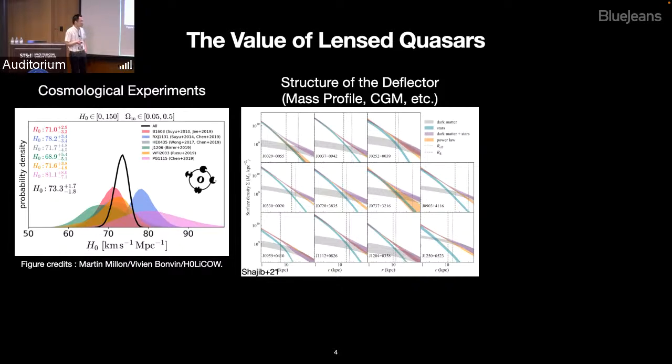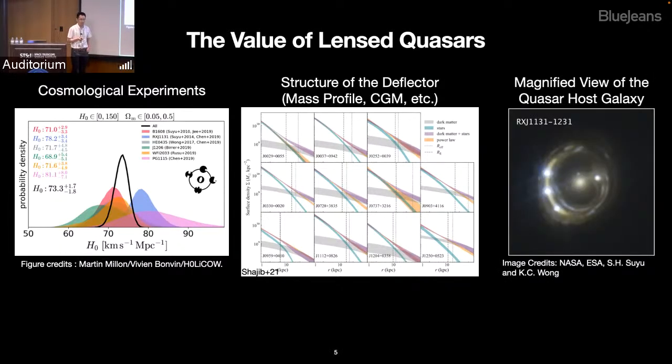And with the help of lensing magnification, we can get a magnified view of supermassive black holes and their host galaxies, meaning that with lensed quasars we can probe the faint quasar population as well as small-scale structures in quasar host galaxies.